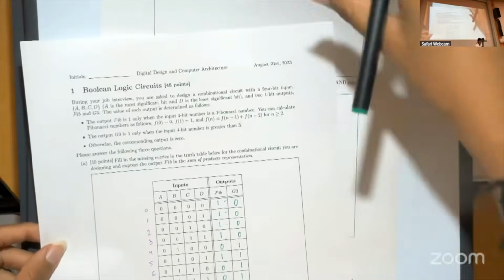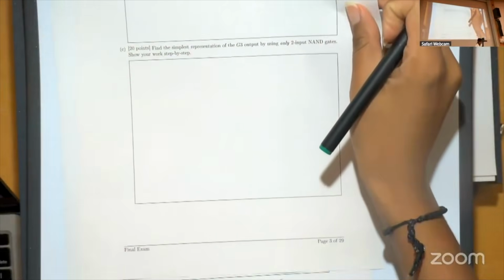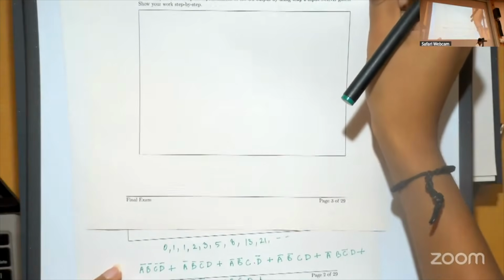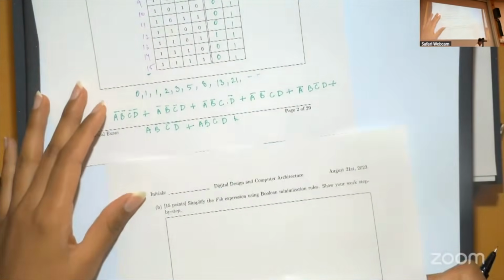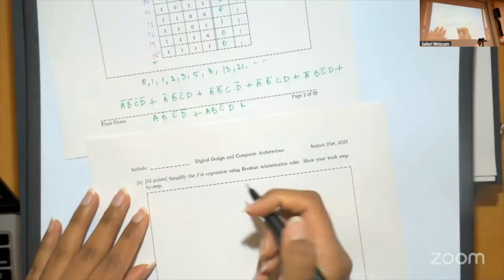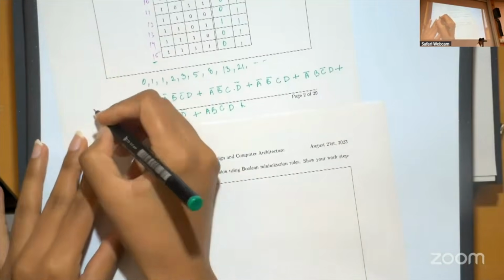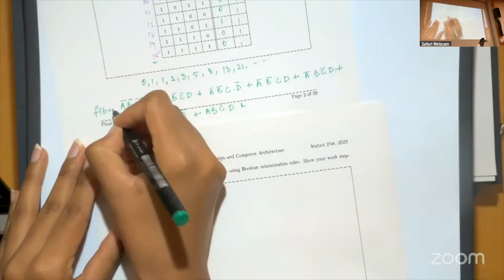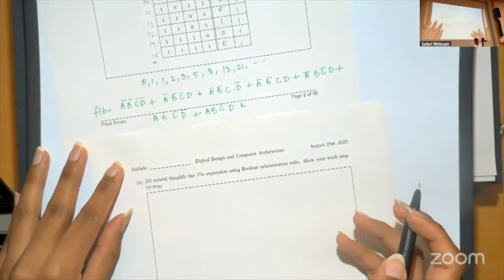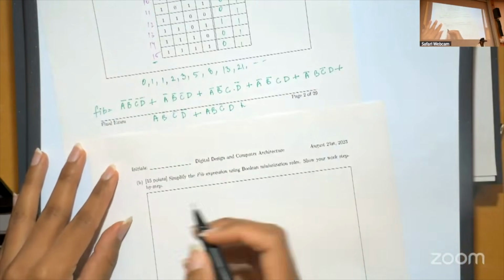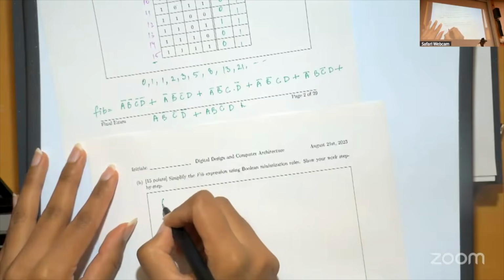Let's move to the second one. Okay. So in the second question, you are asked to simplify this fib expression that you wrote here using Boolean minimization rules and show your work. So this is very easy.